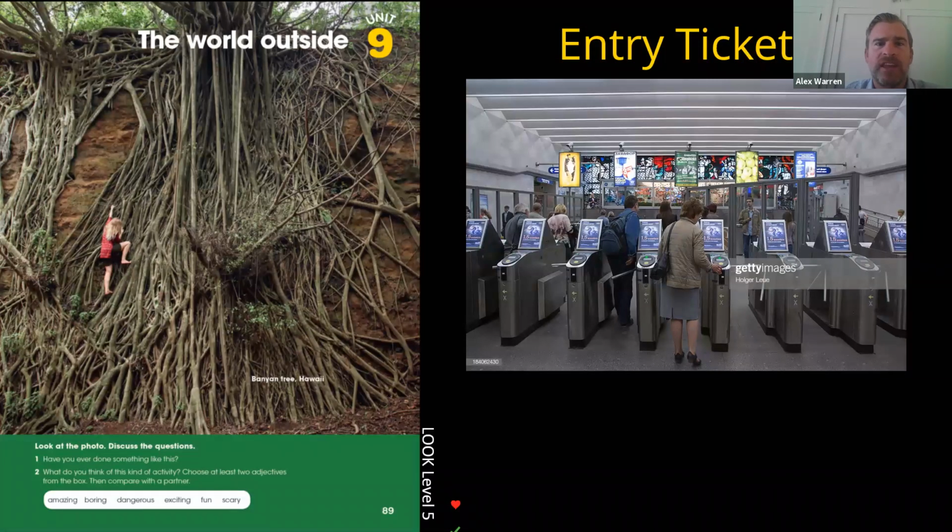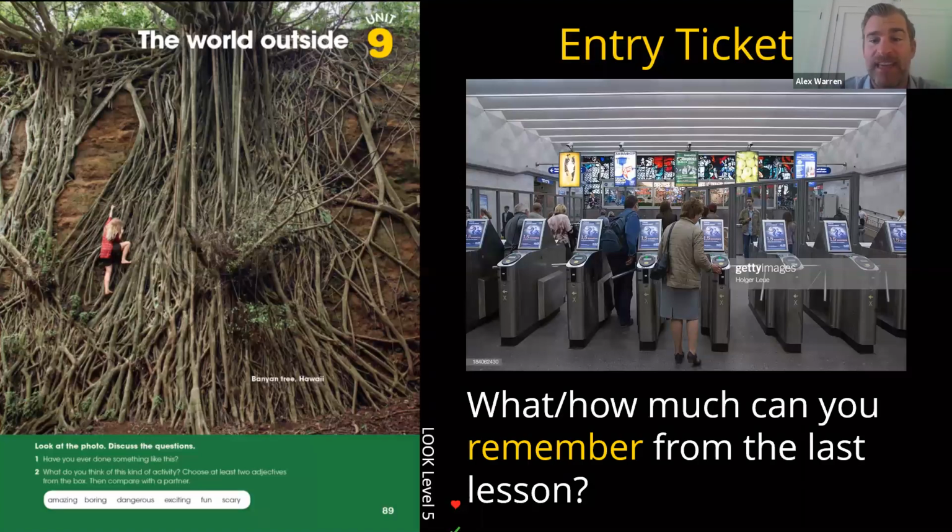Starting the lesson off with a quick question about the previous day's work while students are getting settled can be really beneficial, because it might be a day, it might be 2 days since their last lesson. Can they remember? How much can they remember? They're just doing maybe a quick quiz using grammar, vocabulary from the previous lesson.